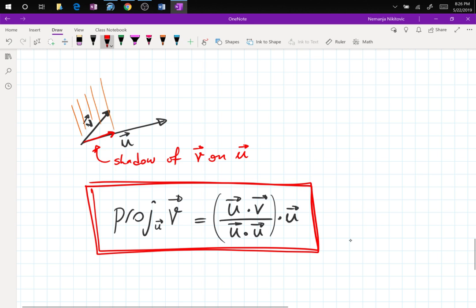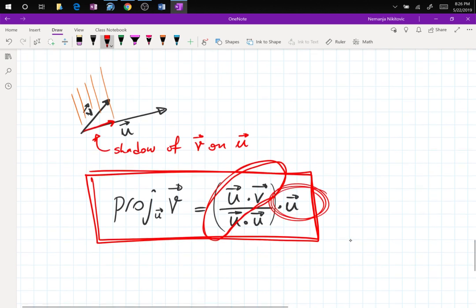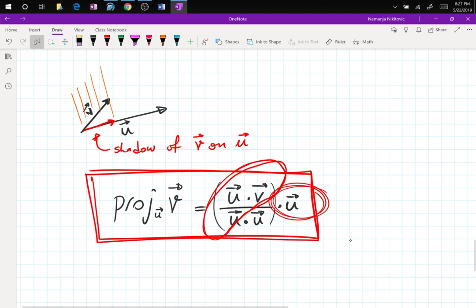This part here is a scaling part, and this one over here gives you the direction, because your shadow vector, as you can see on the picture, the red one, is on top of vector u. They have the same direction.